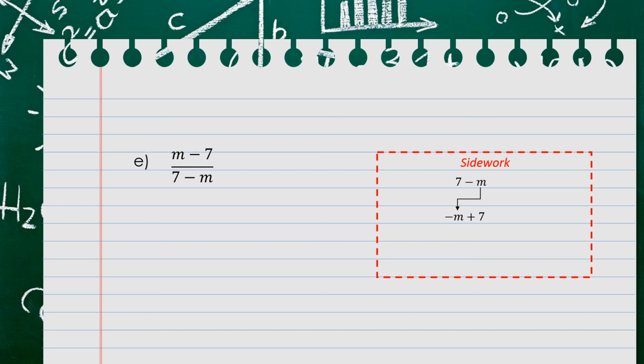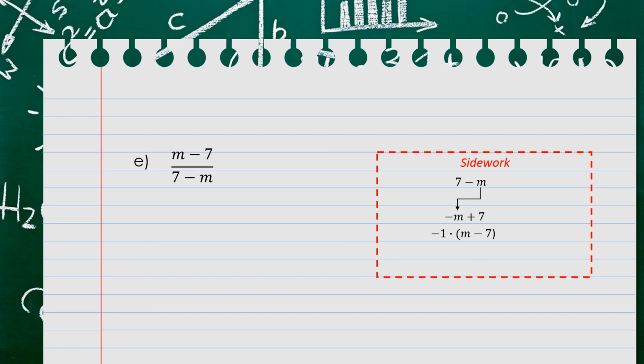Now that we have rewritten it, we notice our leading term, that m, is negative. Do we like our leading terms to be negative? No. So what we're going to do is factor a negative 1 out of those two terms. And whenever you factor out, it means you are dividing both terms by negative 1, which would give you negative 1 times (m minus 7).